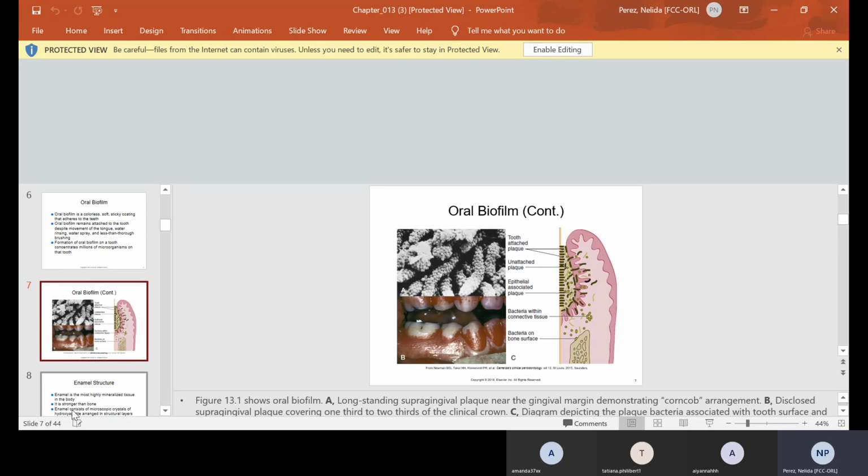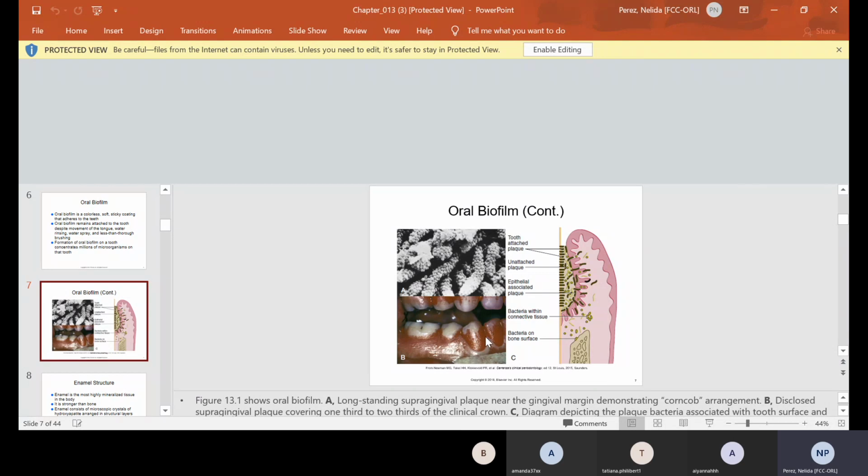And here is a picture of oral biofilm. Please look in your Kindle for a much closer up picture. I do want to mention that the disclosing tablets that we give will basically show the supragingival plaque covering 1/3 to 2/3 of the clinical crown. So as you can see in this picture here, it is showing that.